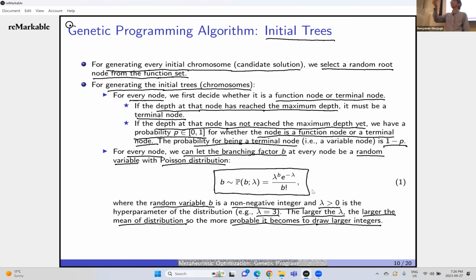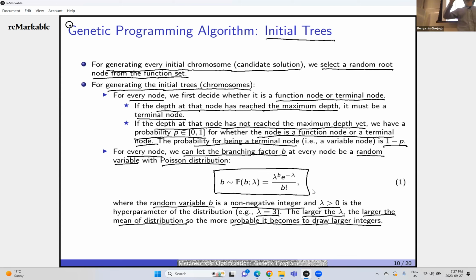For generating random initial trees, you first need a random root node. But then you have to decide whether it's a function node or terminal node. I thought the function set by definition doesn't have terminal nodes in it. Yes, so I'm saying that. Okay, forget this slide and listen to what I'm saying.